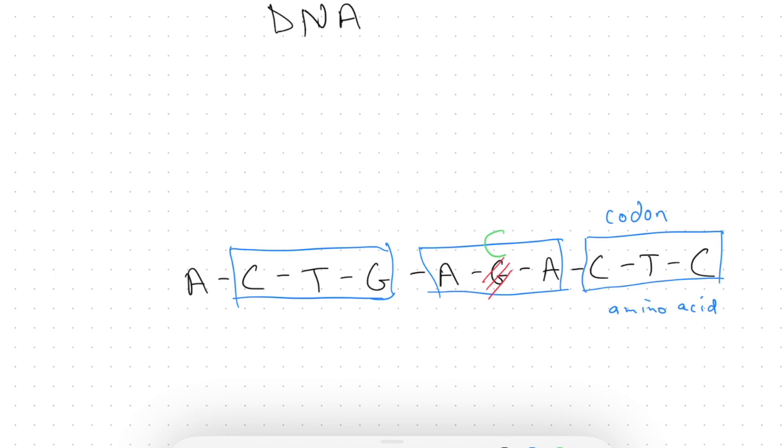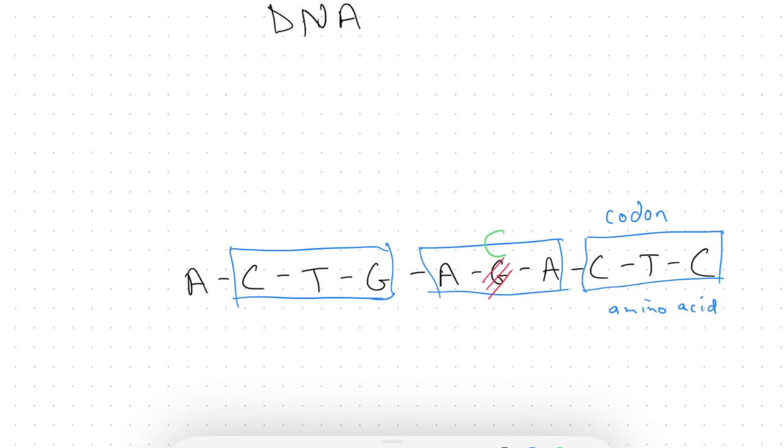What that can do is cause a change in the protein molecule that this thing codes for. So that's what we call a mutation. That's how it happens. It's not a 100% perfect system. It goes wrong sometimes, so that creates mutations. They happen all the time.